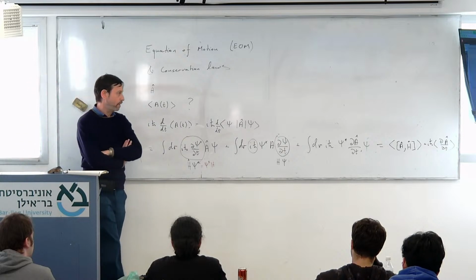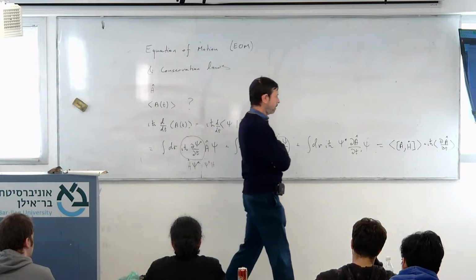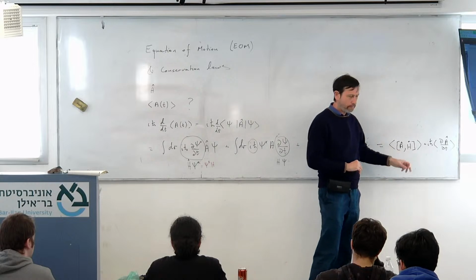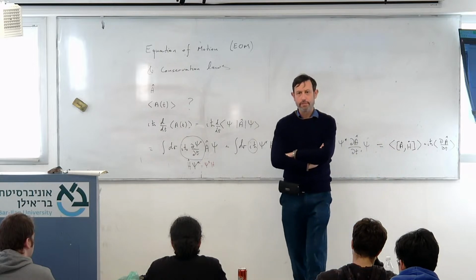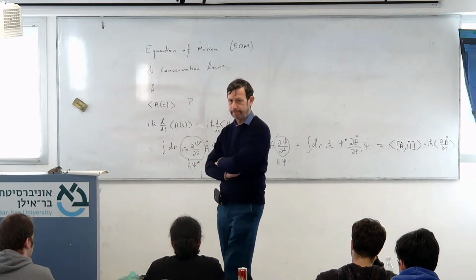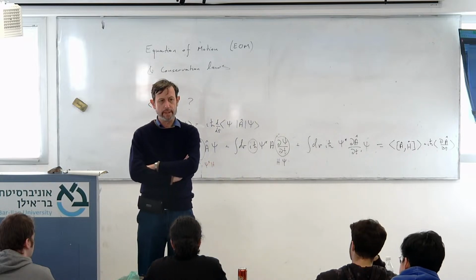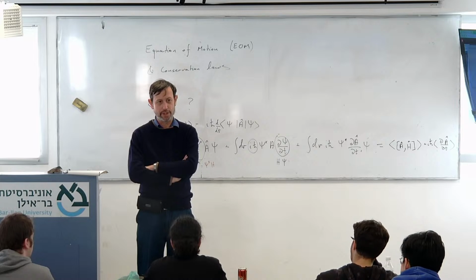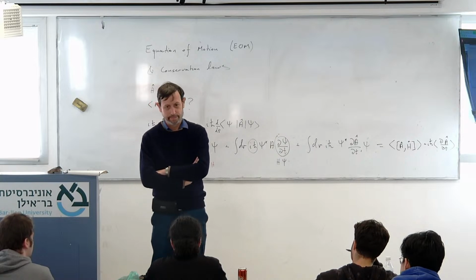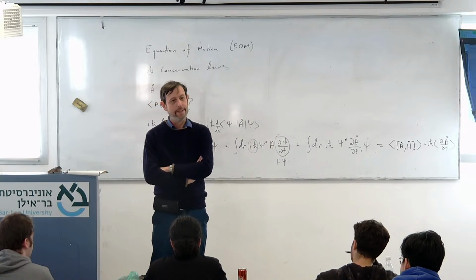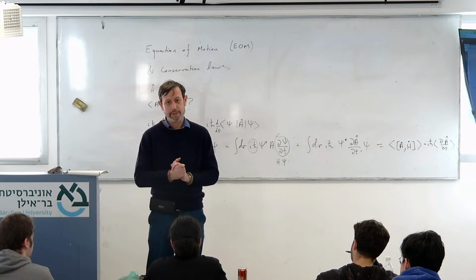What else have we learned? We have learned something very important here. If you want a quantity of the system that doesn't change with time, it must commute with the Hamiltonian.